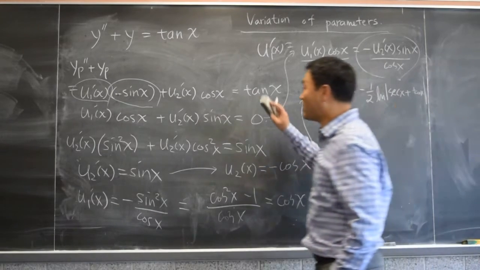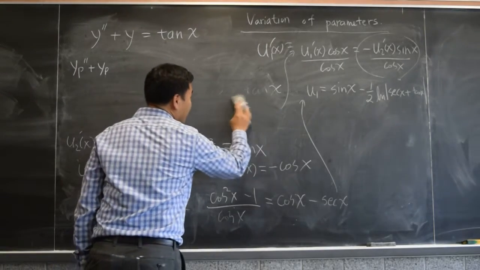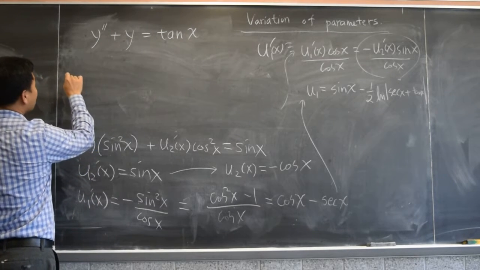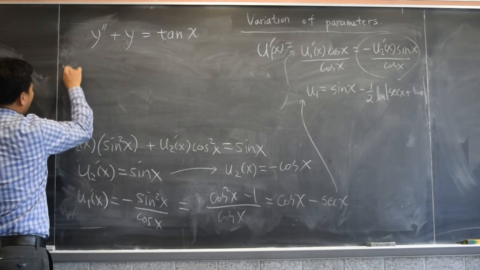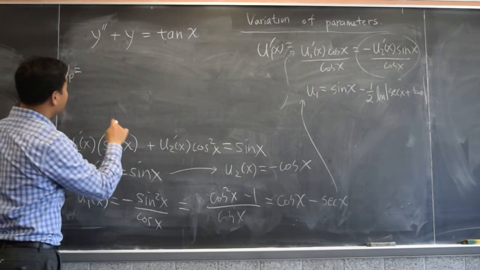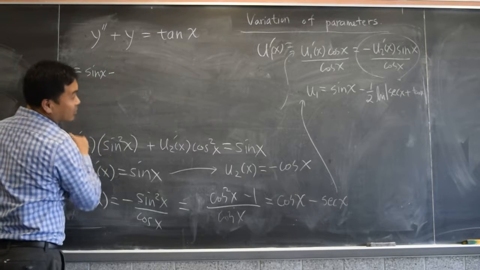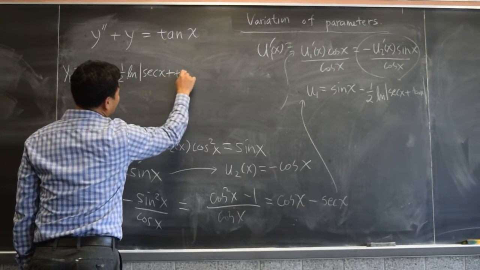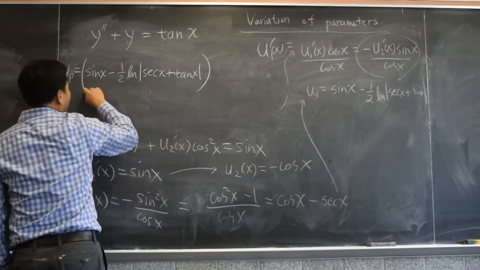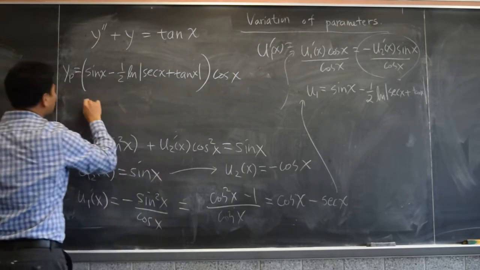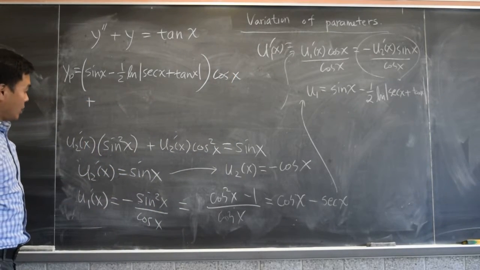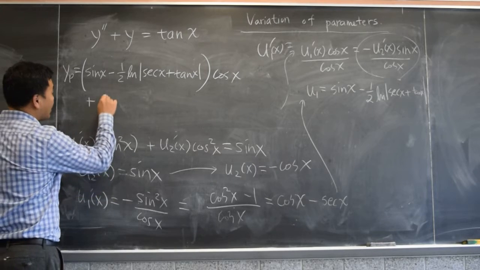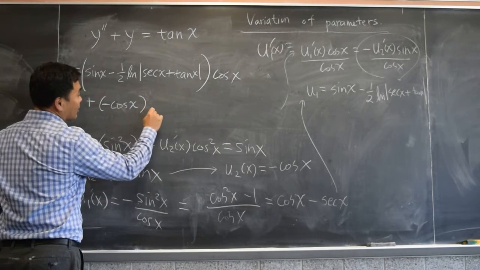That was a whole lot of mess, but after long and hard work, we found the solution. yp: u1 is sine x minus 1/2 ln of secant of x plus tangent of x, times cosine x, plus u2 times sine x, where u2 is negative cosine x.